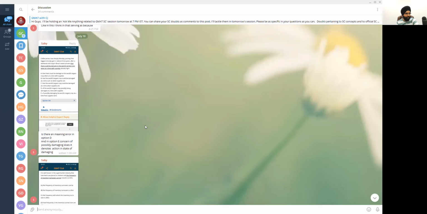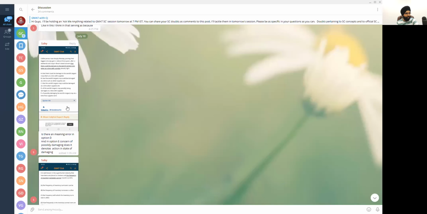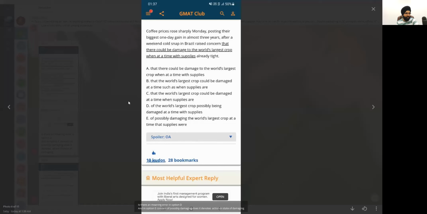In option E, concern of possibly damaging, does it denote action in state of damaging? Does it denote an action in state of damaging? Not necessarily. Of course, there is some sense of ongoing action because it's a verb gerund, right?